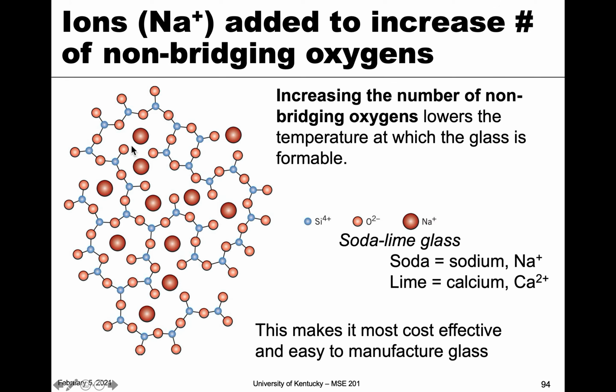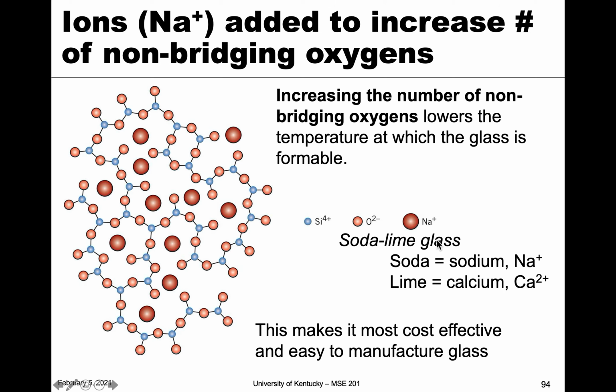They basically break up the network and they act as free ions in the glass structure. And so it increases the number of non-bridging oxygens, which has some beneficial effects to the temperatures in which we can work this material, but it also makes it more likely to be amorphous.